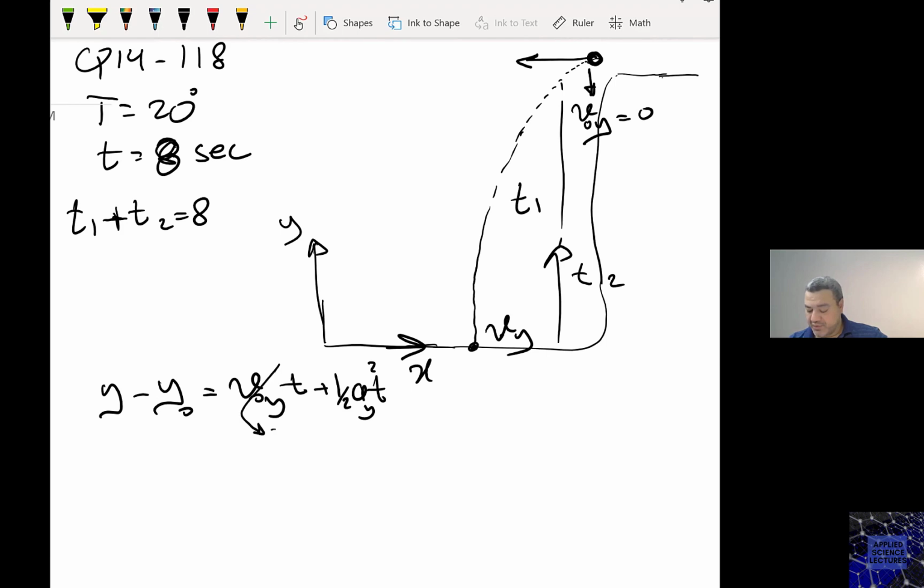However, since we're starting from rest, v naught y is 0, so this is 0. And y here is 0, then I have minus y naught equals half the acceleration.